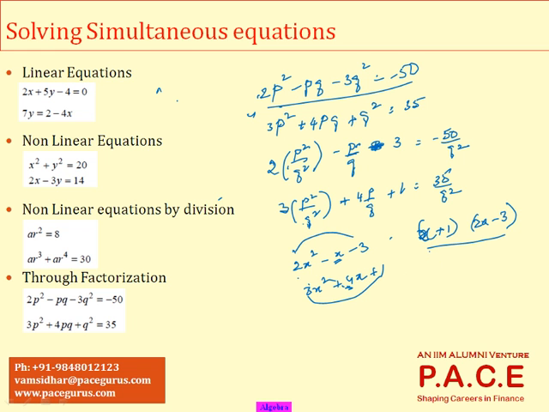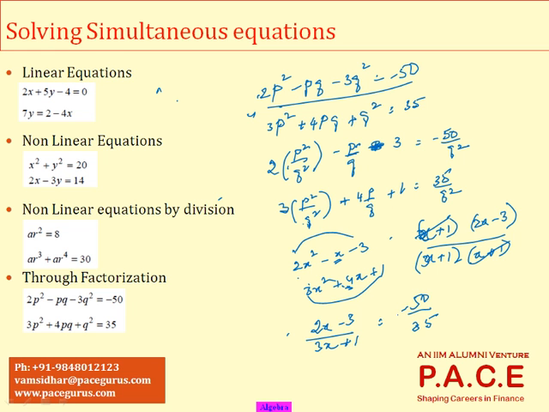So 3x and x, so it becomes 3x plus 1 into x plus 1. Here x plus 1 is getting cut off, so I'll divide these two. So 2x minus 3 by 3x plus 1 is equal to minus 50 by 35.